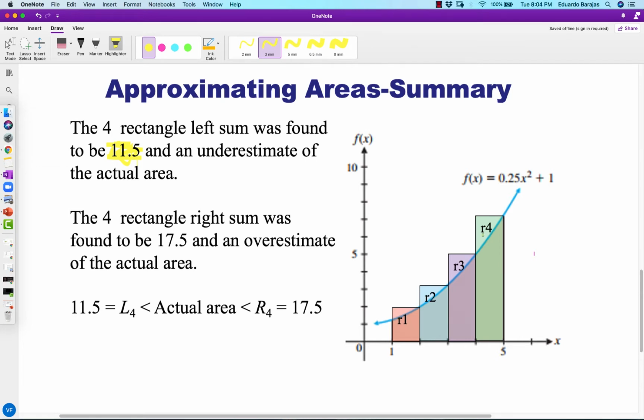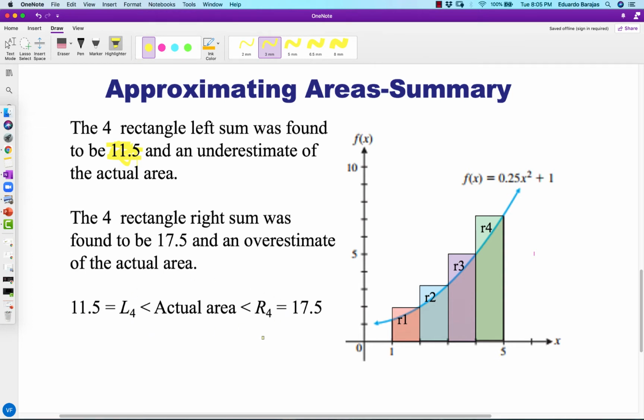The sum of those 4 rectangle areas is clearly larger than the actual value we want. So we can establish this 3-part inequality. The real answer we're interested in is trapped between these two values. It's less than R4, less than 17.5, but it's greater than 11.5.